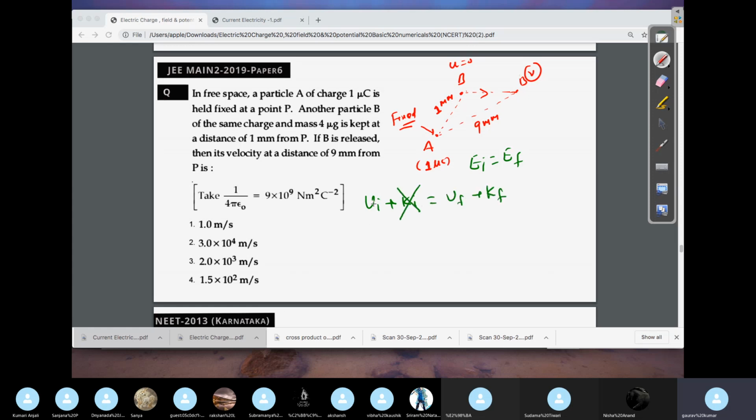Ki is already 0, given in the question, and this will be your K. Same thing, Q square you will have because Q and Q are the same, by 1 millimeter, which is 10 to the power minus 3. And final, Q square by again 9 and 10 to the power minus 3, plus half mv square. So from here also you can get the value. This way also you can solve the question, right?